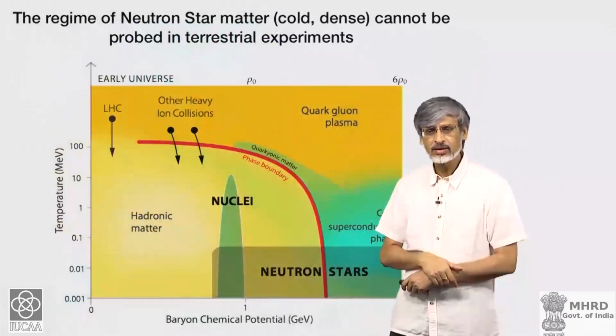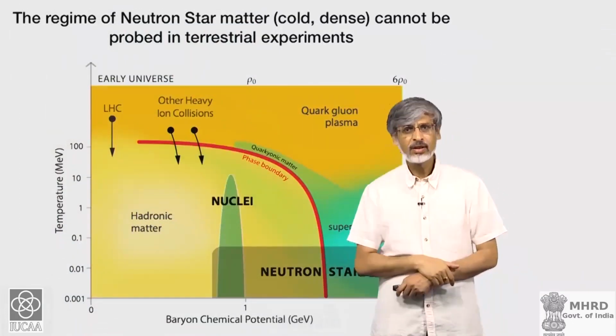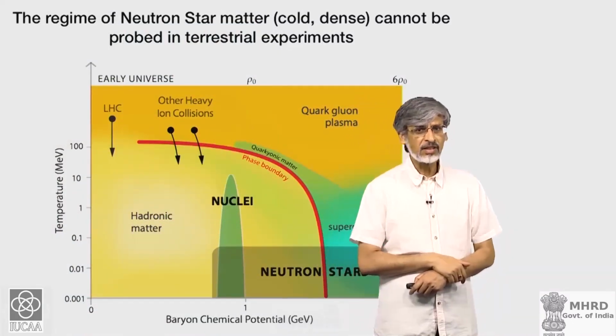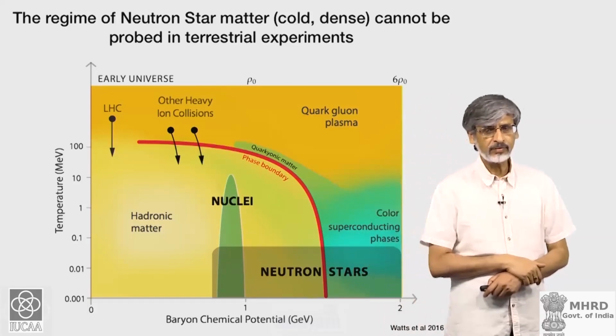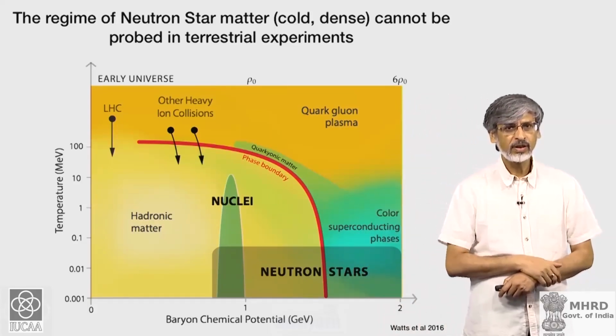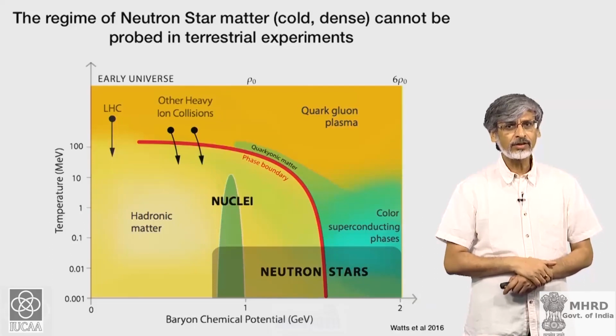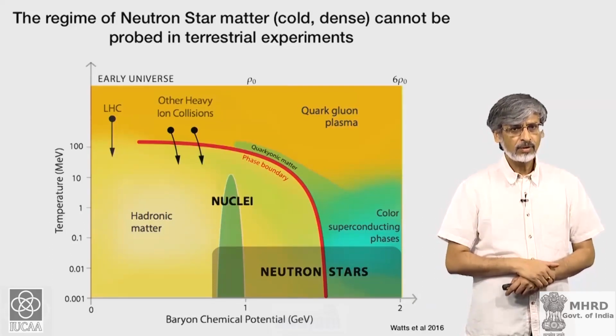Now, coming to the question of why we have this uncertainty in the neutron star equation of state. So, this diagram is an illustration of what we can probe based on our terrestrial experiments.